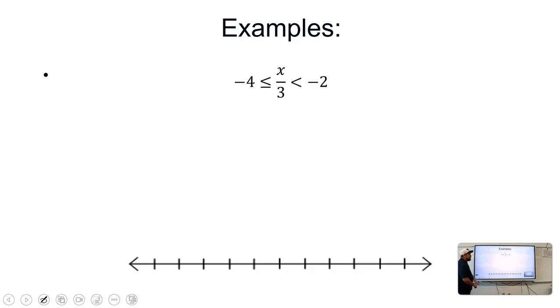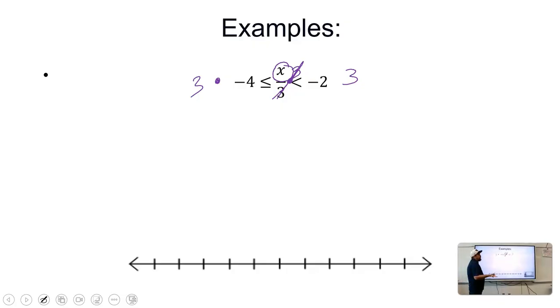Okay, let's try this one. So we're just focusing on our middle x. We want to get that by itself. It's being divided by 3. So the inverse, or the opposite of divide, is we're going to go ahead and multiply by 3. And that will cancel each other out. Since I multiplied the middle by 3, I have to multiply the right by 3 and the left by 3.